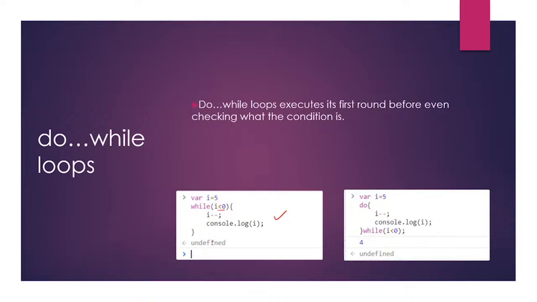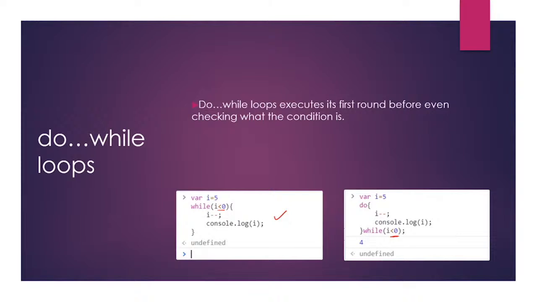Okay, but in contrast to it, if we see the do while loop, then do suggests that whatever has to be written in this particular section, just do it without checking what the condition is ahead of it.